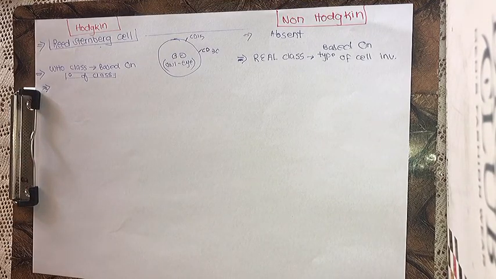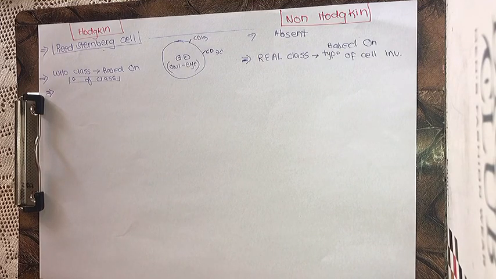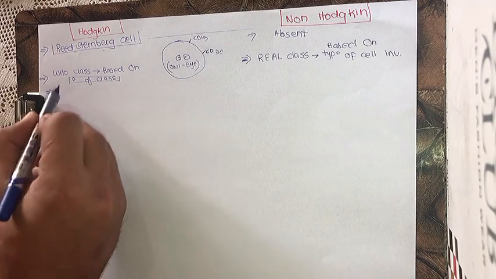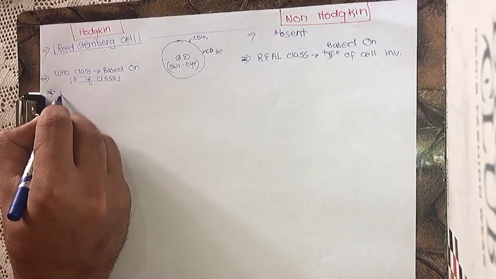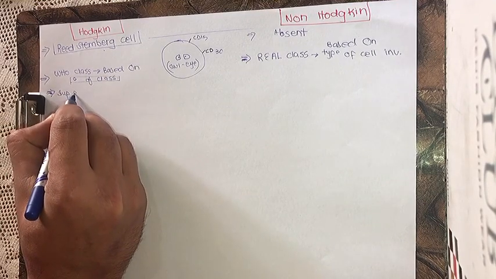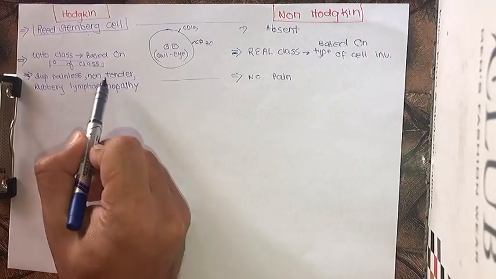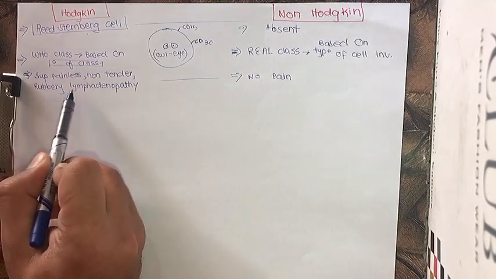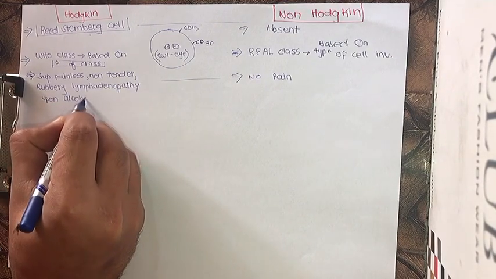What else? A patient of Hodgkin's lymphoma will always present to the clinic or hospital with superficial, painless, non-tender, rubbery lymphadenopathy, with pain upon alcohol intake.